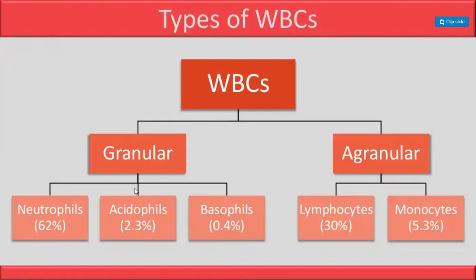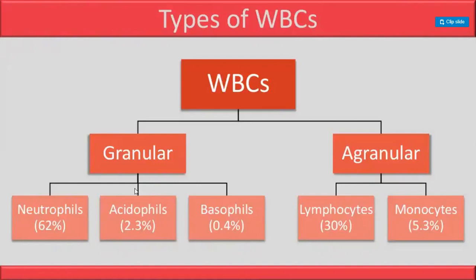Now, these white blood cells contain some protein granules, and some of these granules are released when there is a reaction, like an immune reaction, when the body needs to fight against some bacteria. These granules are released, and they are of different types.